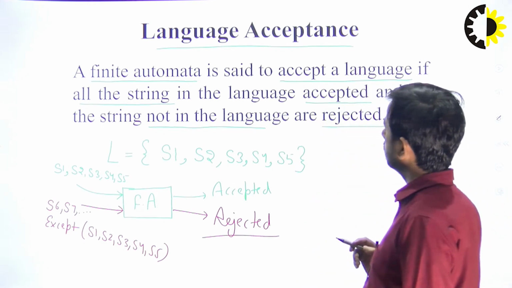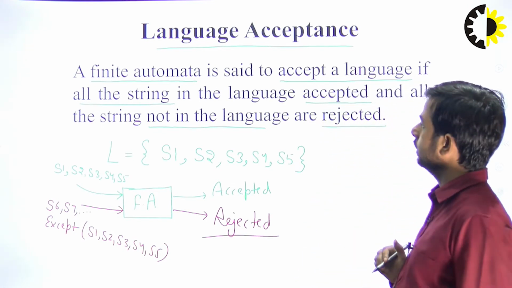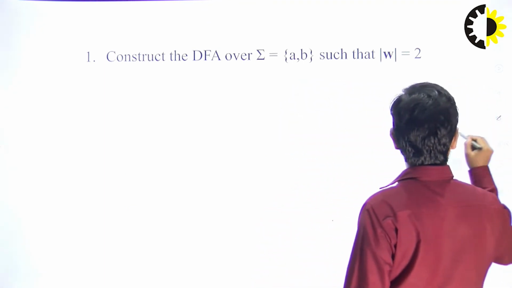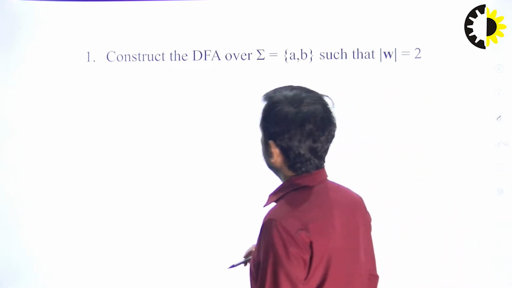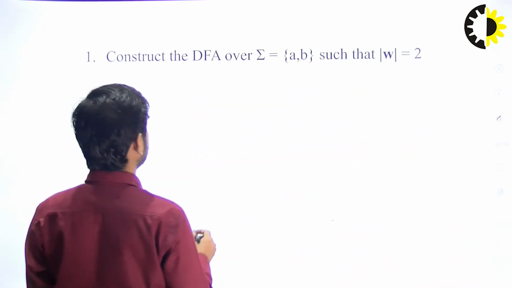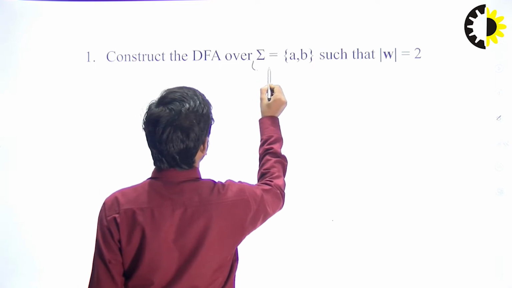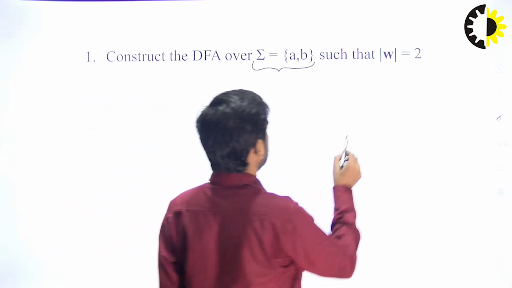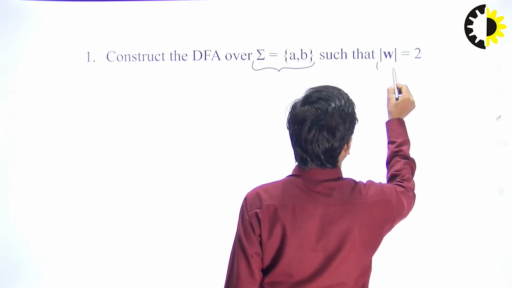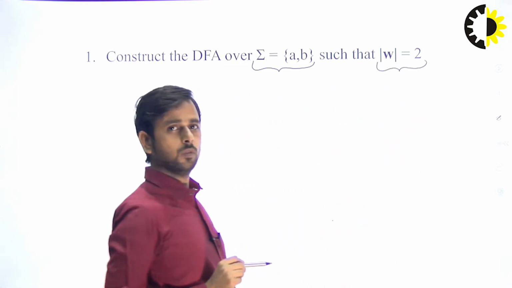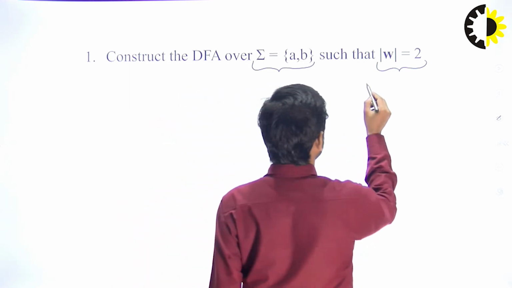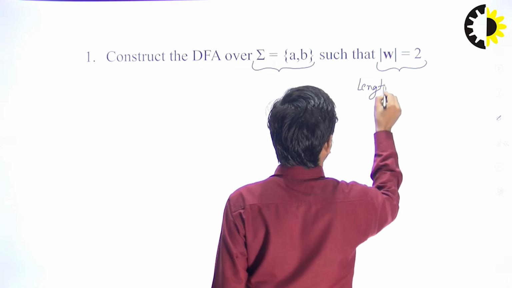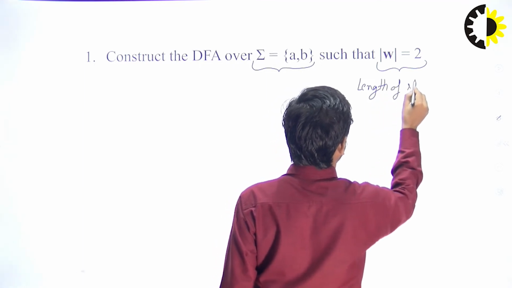So let's see an example for construction of DFA. Construct the DFA over the input alphabet sigma equal to {a, b} such that mod of w equals 2. What is the meaning of mod of w? It means the length of the string is 2.